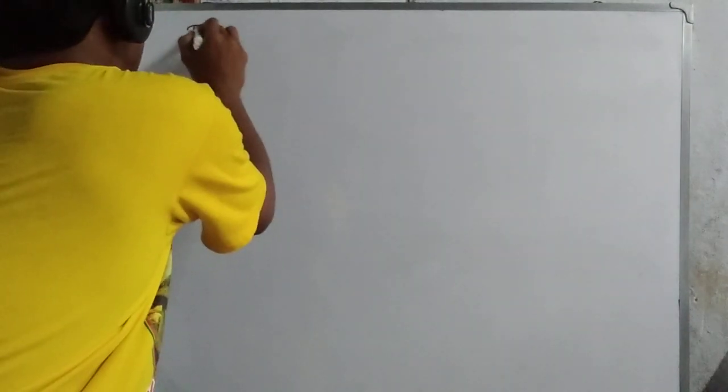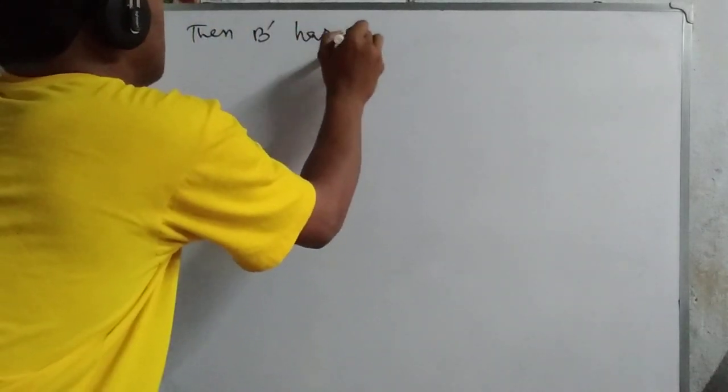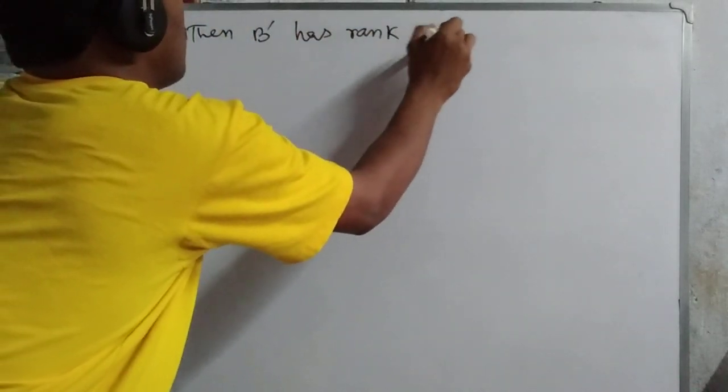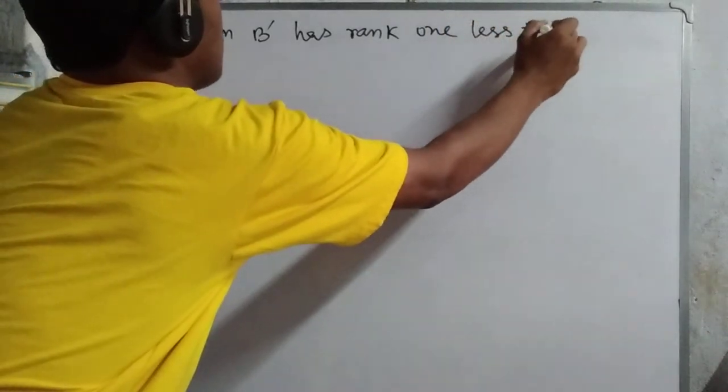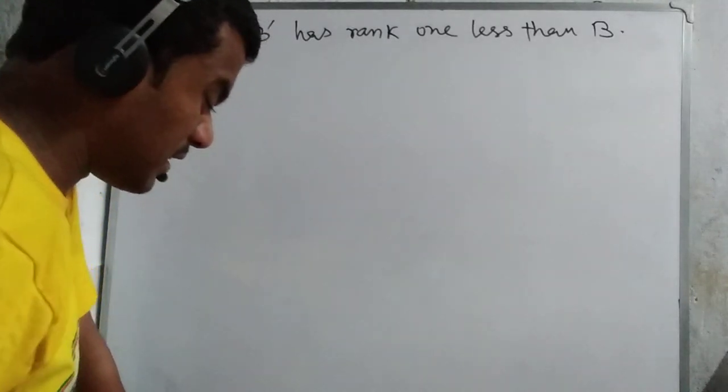Then we also write here b dash has rank 1 less than b. Then what happened?